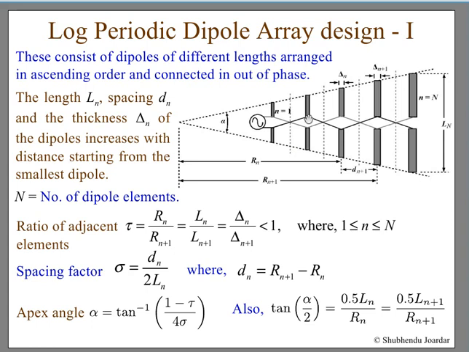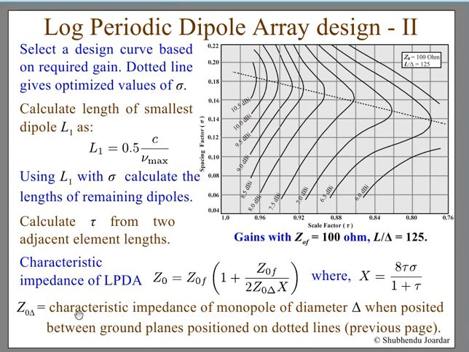Now convert this dipole into a monopole, or you measure the impedance of this dipole in presence of these two, and divide by 2. That is that of a monopole. So that is that impedance, Z0 delta. And when you substitute this, you get the impedance of the LPDA.